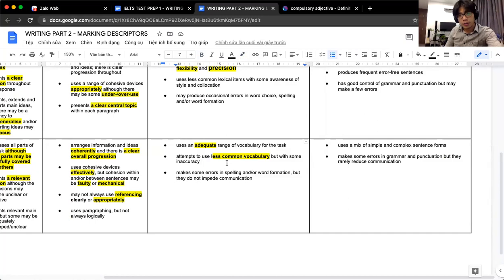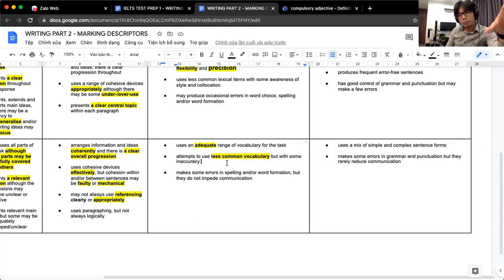You don't understand the structure of that word, like what preposition to use with it. Then you should not do that. You only use what you know, what you understand well. Do not use the things that you don't understand.